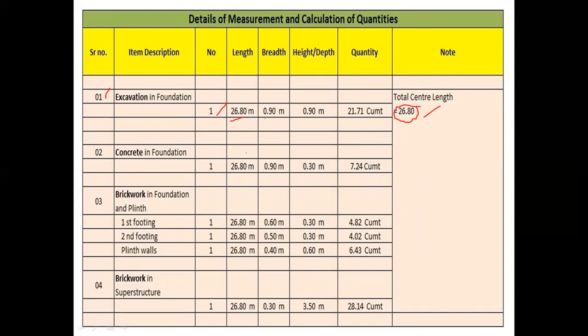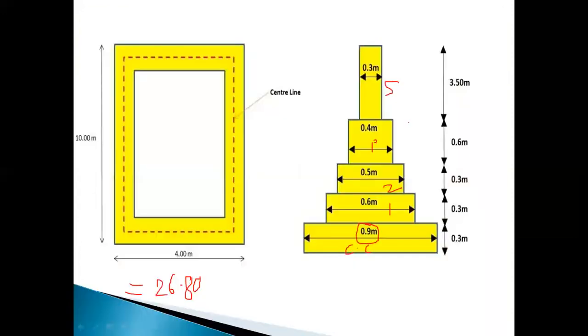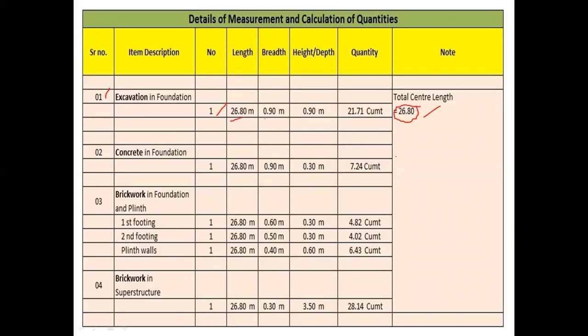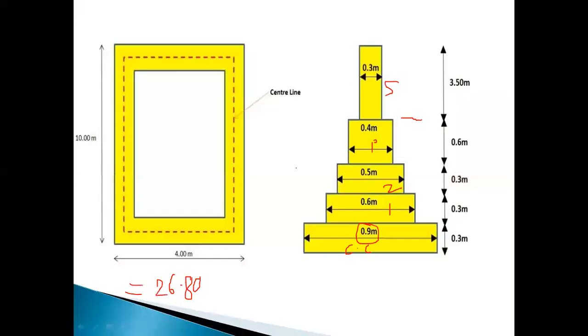So substitute, and the height of excavation is from ground level. This is the ground level taken, above the plinth level, total 0.9.